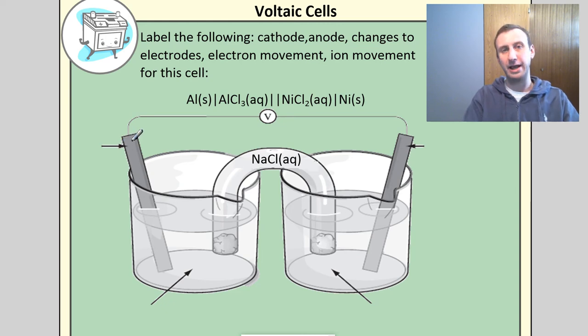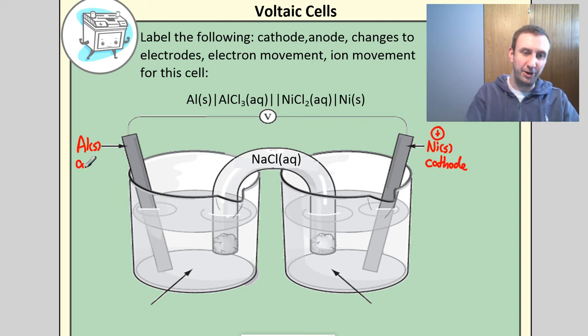Okay, so now let's go back and do the full analysis of how this would look when I look at my full cell here. Now, I know that aluminum is also the anode by the fact that it's written out this way, right? Anode, electrolyte with anode, electrolyte with cathode, and then cathode. So I'm going to put Al solid right here. I've got nickel right here. So this is my cathode, which means that it is positive.